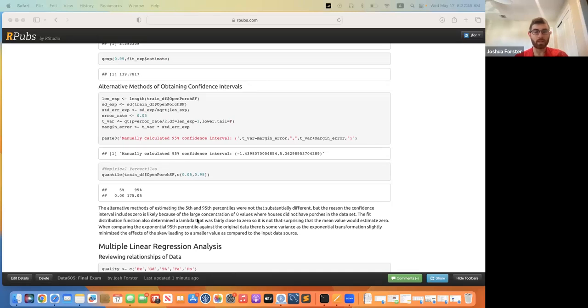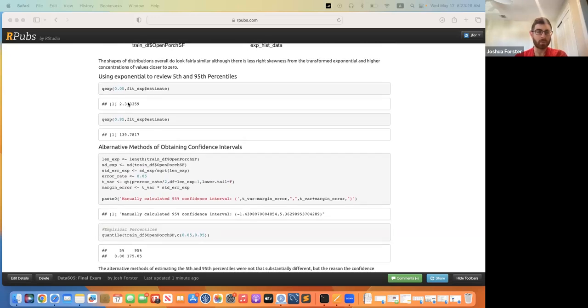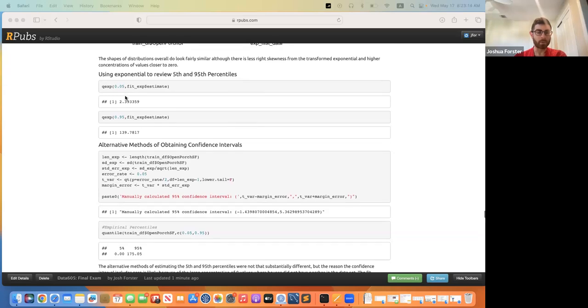I think the key thing to note is, since the data heavily skews to 0, since a lot of houses don't have porches or open porches, we see that there is a 0 in the confidence interval, so it very much could be 0, and that makes sense given that the vast majority of the original data set is 0. Whereas when we transform it to exponential, it shifts a little bit, but inherently it's not that far from 0 either.